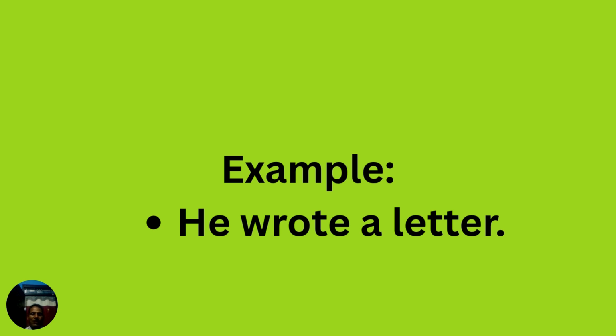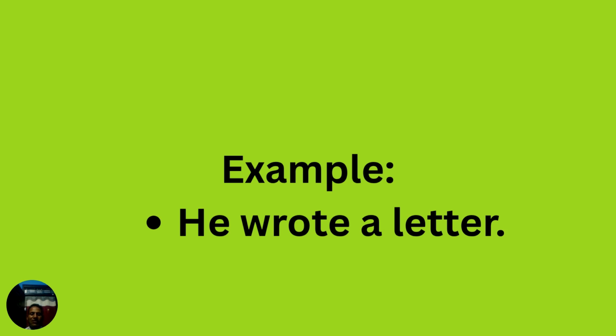Now, if you have the problem about finding out an object, you need to know the verb. Verb is an action, being, or possession. In this sentence, he wrote a letter. Wrote is a verb. And after wrote, there is an object, letter.